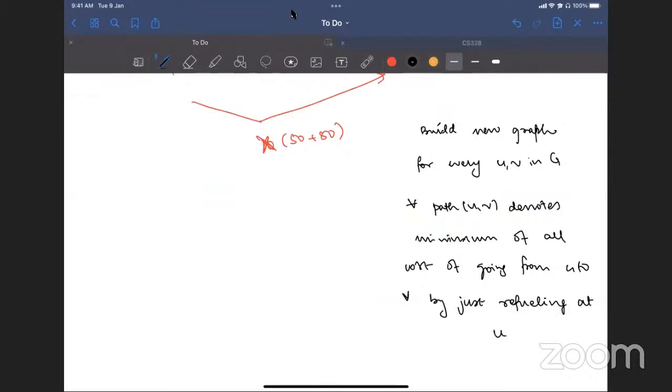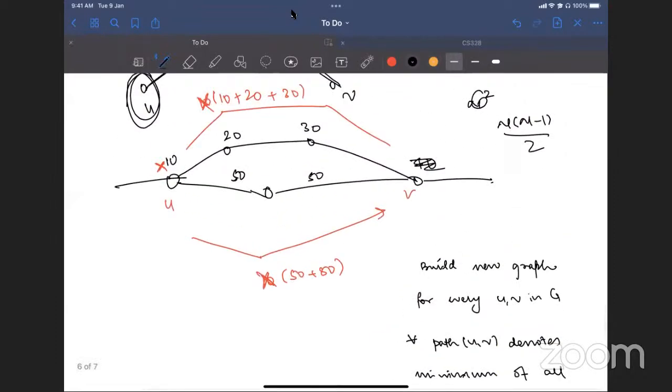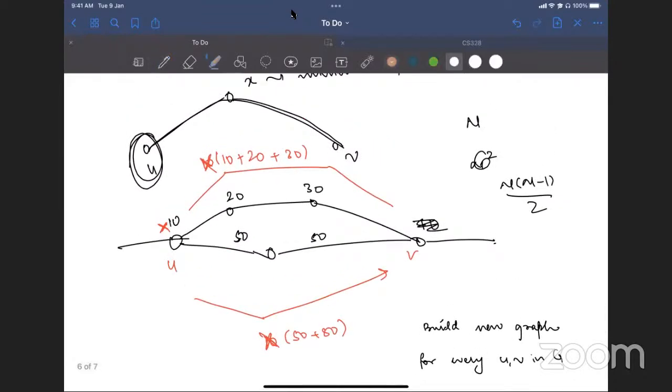The condition is you don't stop in between. I know I'll have many ways to go from U to V. In this case, I have two ways, right? So I just return the minimum of these two.